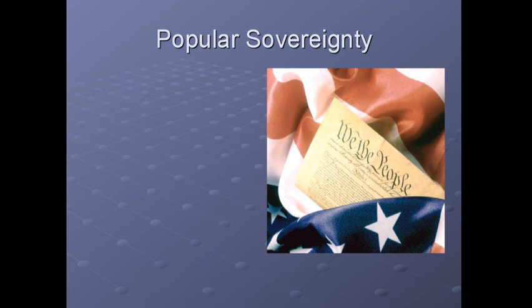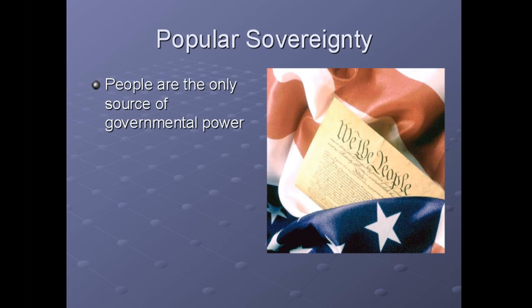Okay, the very first principle. Our Constitution is built upon this idea of popular sovereignty. Essentially, it means a couple of things. First, the word popular is important because it defines the idea that our government and the people are linked as one.